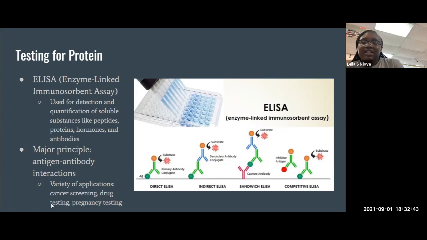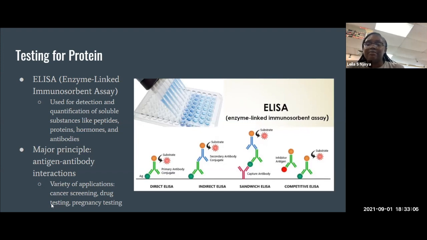In the picture, we see probably a 96-well plate. You use a microwell plate and load your samples in, and we can use the indirect ELISA as an example. Let's say you're trying to test for the presence of breast cancer resistance protein, which is also known as BCRP.